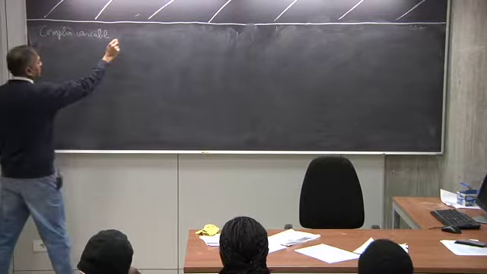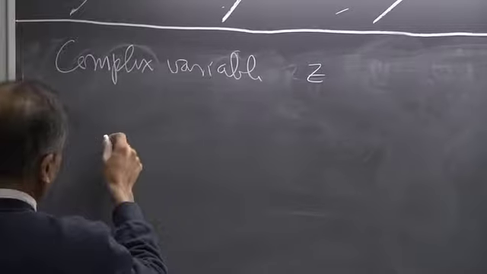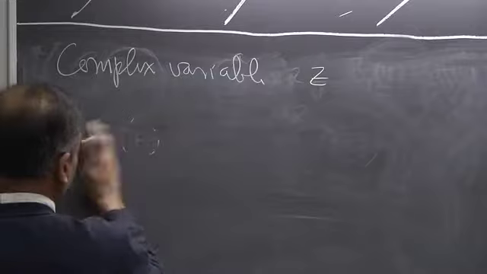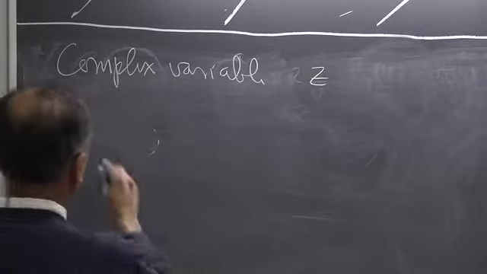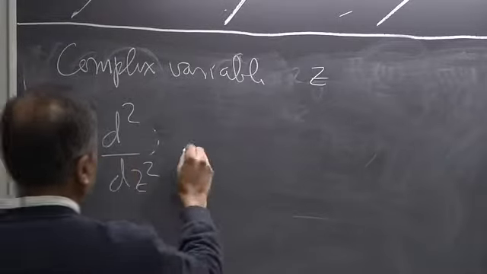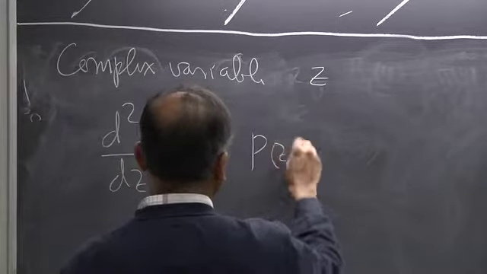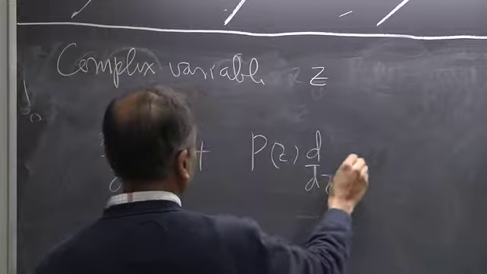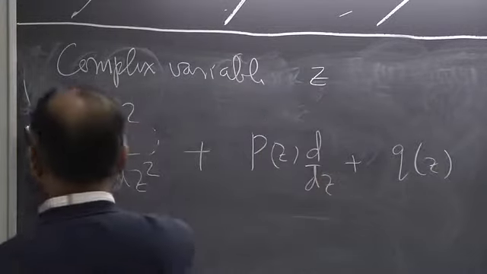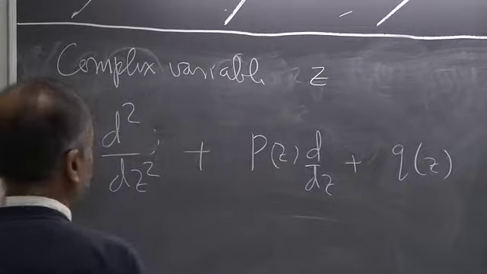The complex variable z, and the second order differential equation we'll consider is something like this: a(z). Or in fact, let me divide by a throughout, so that the coefficient of the second order differential operator is simply 1, plus p(z) d by dz plus q(z). Okay, this is the L(z). Let's say this is a differential operator.